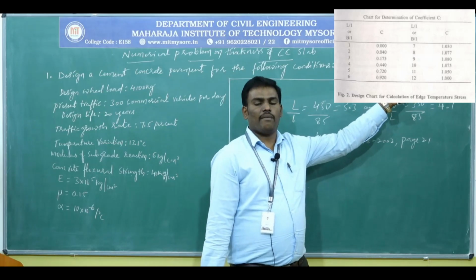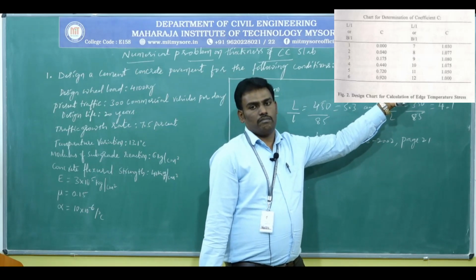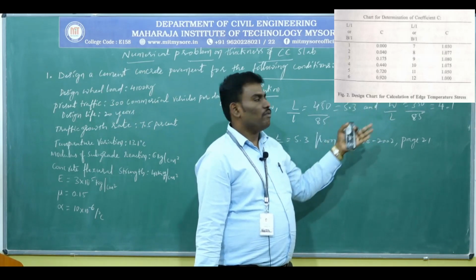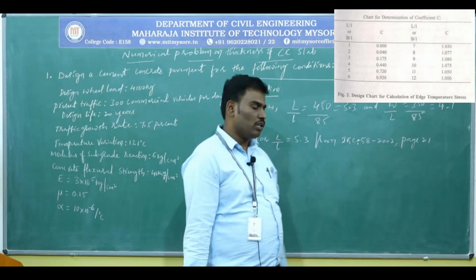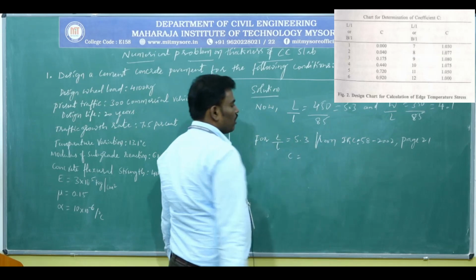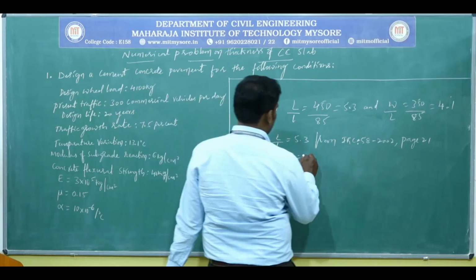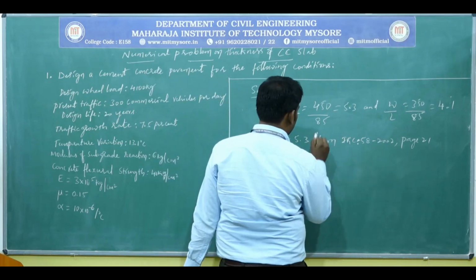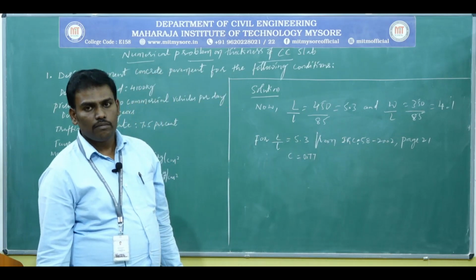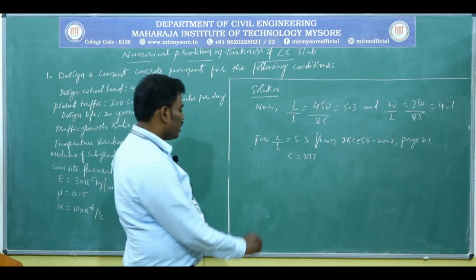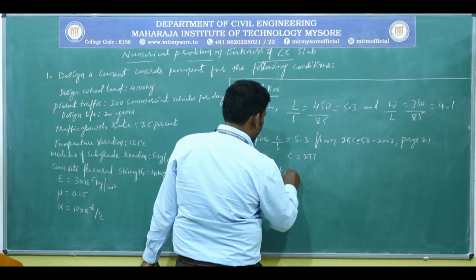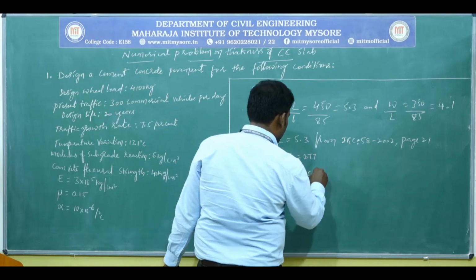For the ratio of 5 we have 0.720, for the ratio of 6 we have 0.920. For 5.3, how much do you get? The coefficient C, it is 0.77.